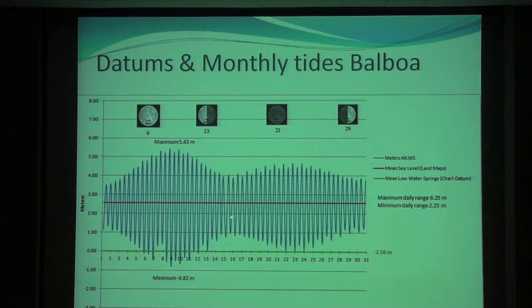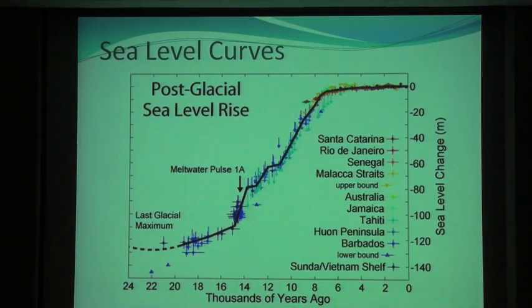In other parts of the world, it's usually a lot less, but because of the extreme tidal variation here, there's a large difference between the two. This is set very low because obviously a ship's captain wants to know the minimum depth of water he's got beneath him, not this depth. So what I've had to do is make an adjustment for the curves by adding on this 2.56 meters to the curves, as I do to the times.